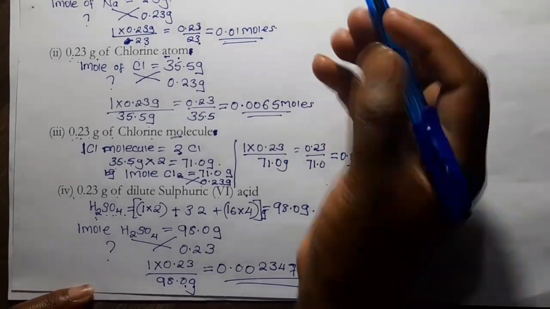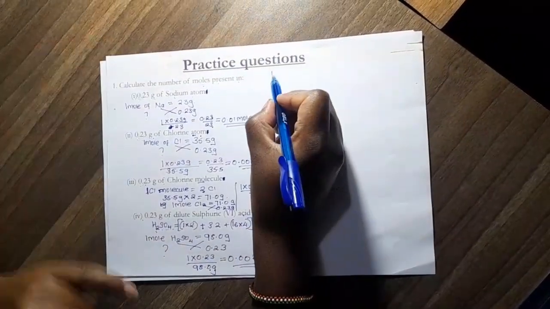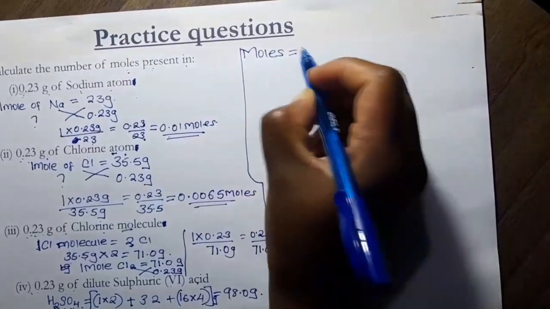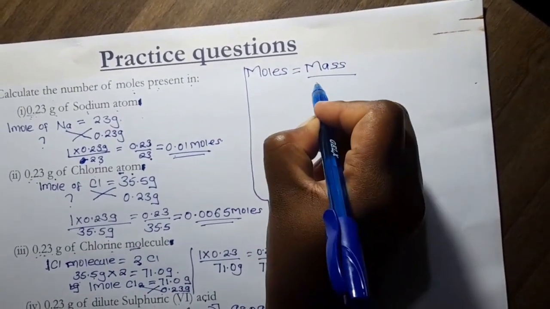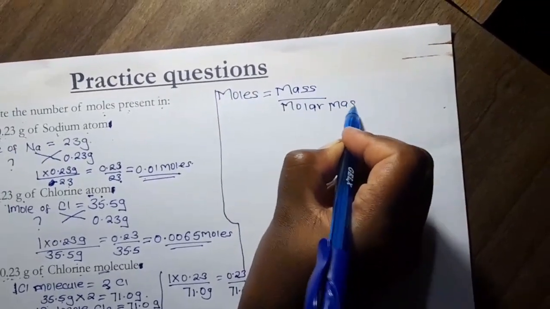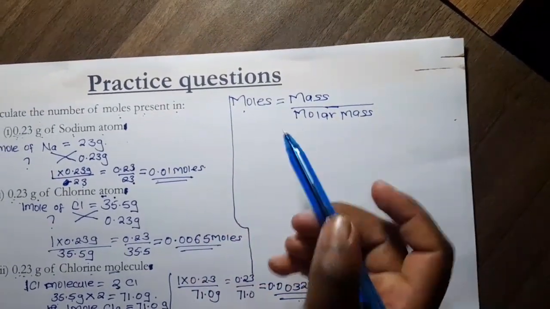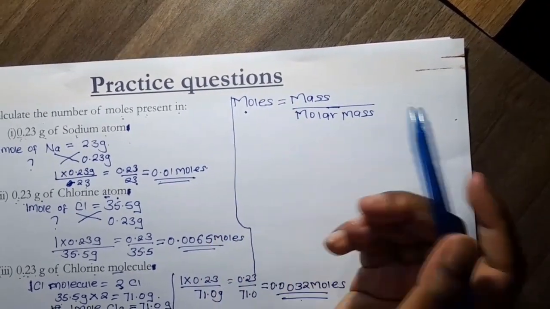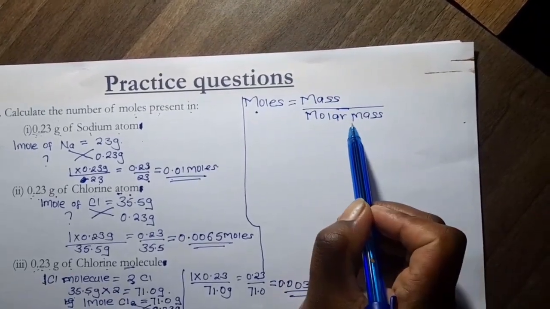So what we can deduce here, when we are calculating moles, is that we are taking the mass, then dividing by the molar mass. So this is the formula of calculating moles. If you want to get the number of moles present in an atom or a molecule or a compound, we take its mass divided by the molar mass.